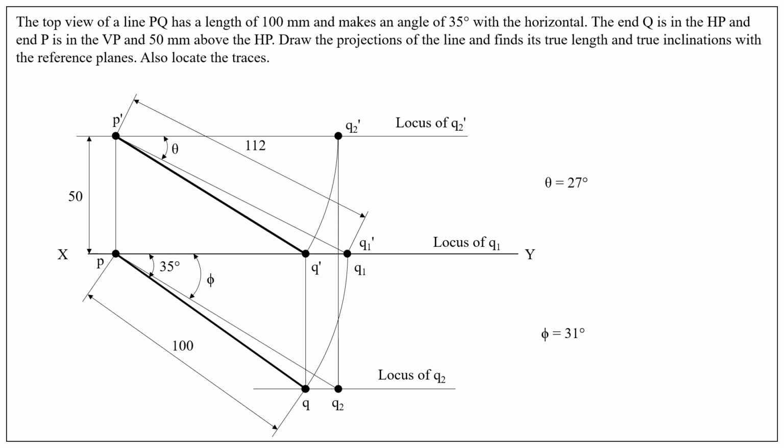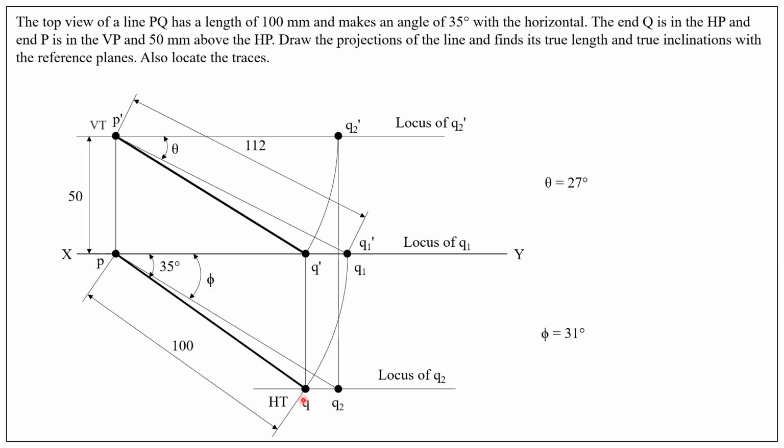Therefore, their corresponding positions represents the VT and HT. So where to locate? Q also represents horizontal trace because this is the location where the line meets the horizontal plane.